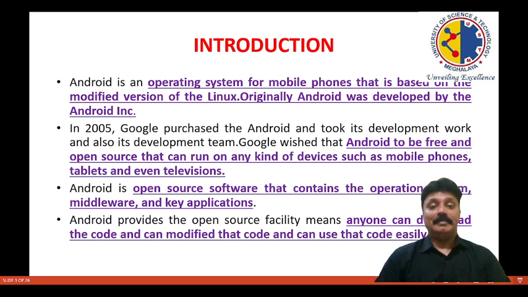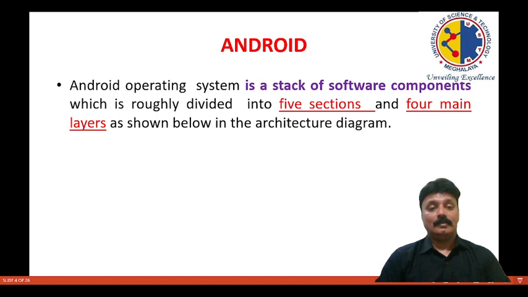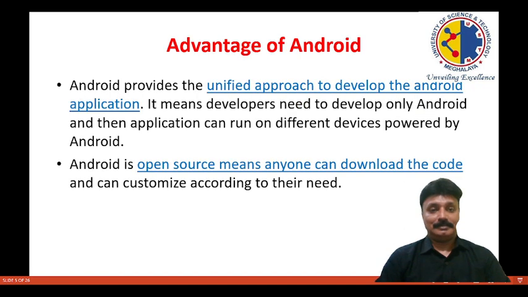This is the main feature and the main advantage of Android. Android is a stack of software components, which is roughly divided into 5 sections and 4 main layers. In the architecture diagram, we'll see the 5 sections and 4 main layers.